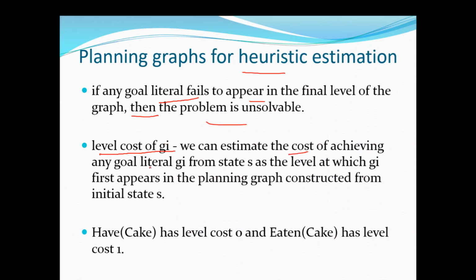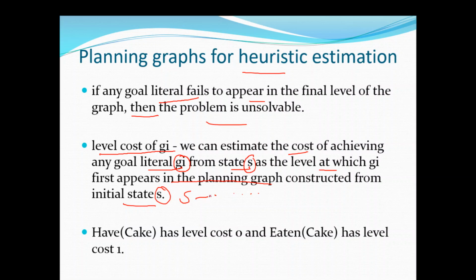We can estimate the cost of achieving a goal literal GI from the state S as the level at which GI first appears in the planning graph constructed from the initial state S. So the point is, you are looking for a goal GI, but we start from the state S, find where it is available and count. That is called the level cost.